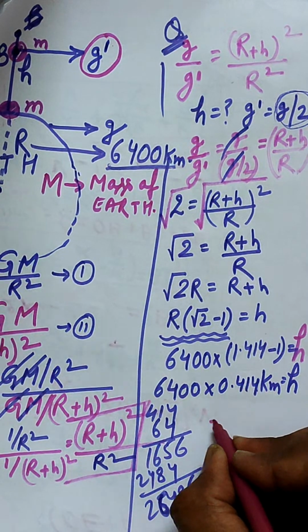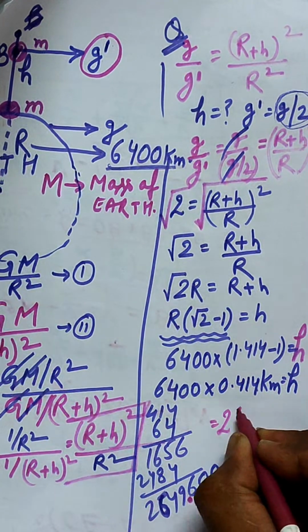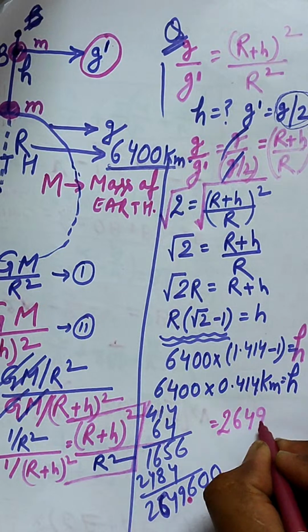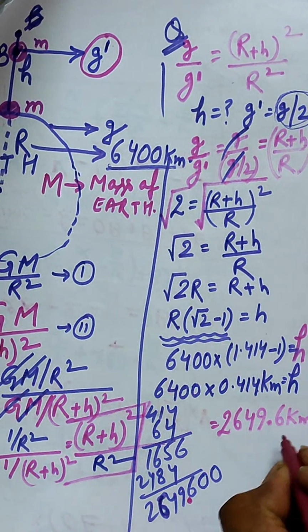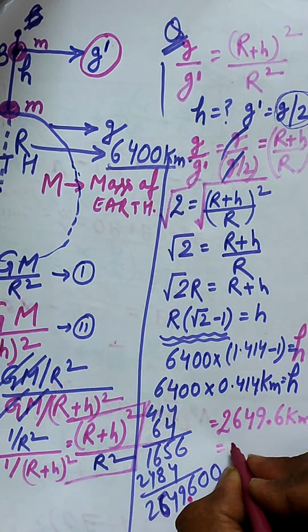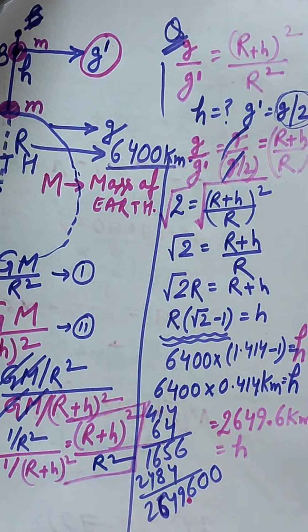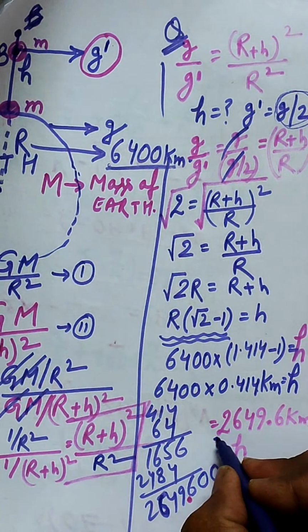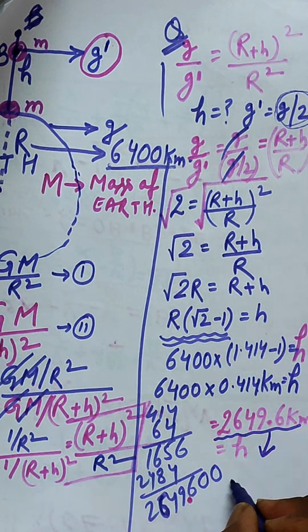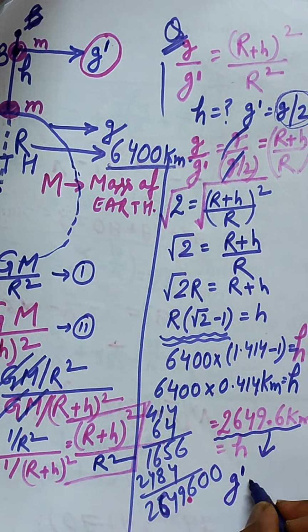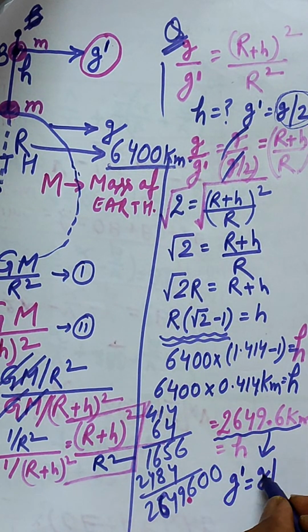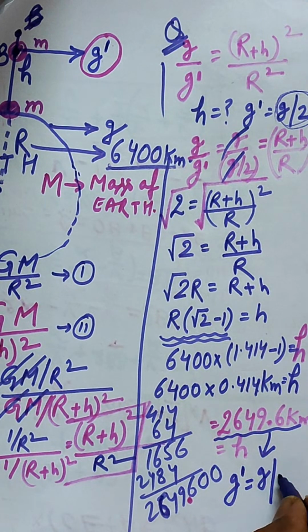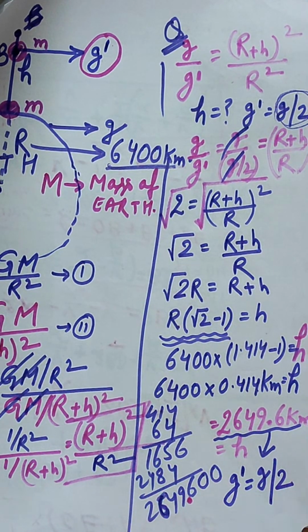So this will be giving you 2649.6 kilometer is your height, at which, at this height, the new acceleration due to gravity will be the standard acceleration due to gravity, small g by 2, right?